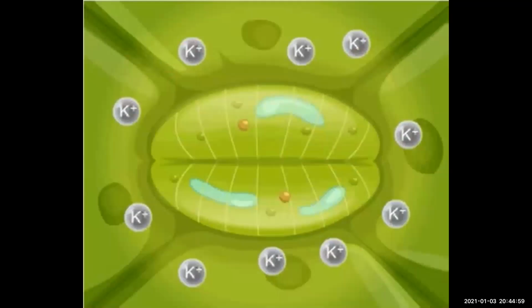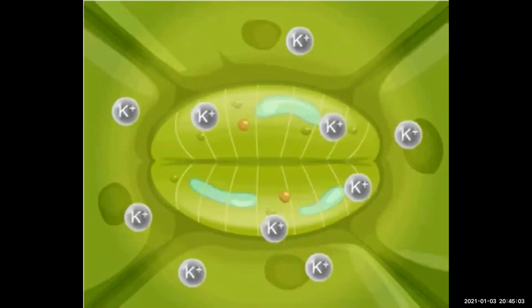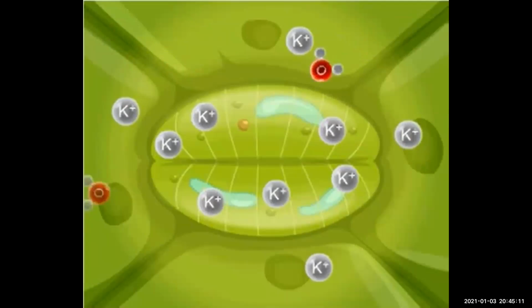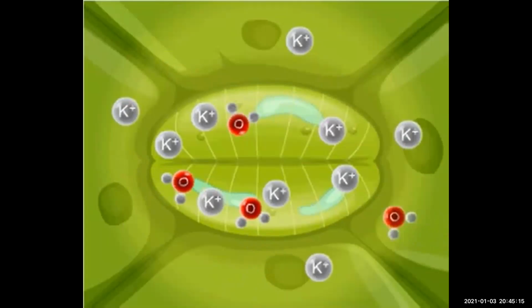The increase in the concentration of potassium ions in the guard cells causes the transformation of starch into malate in the cytoplasm and a decrease in the water potential in the cells. As a result, water enters the guard cells from the surrounding epidermal cells by osmosis.